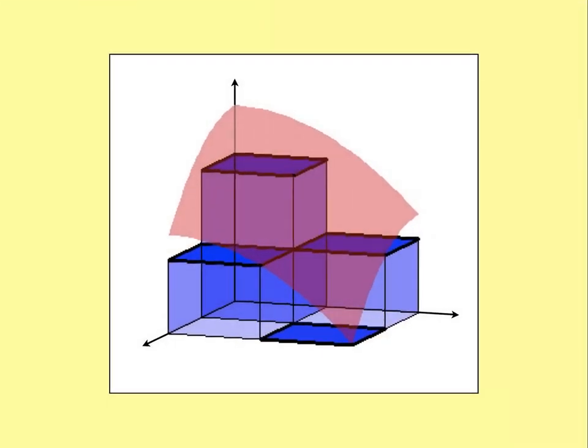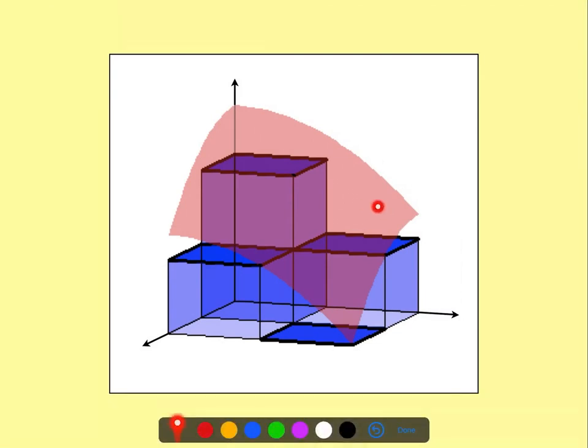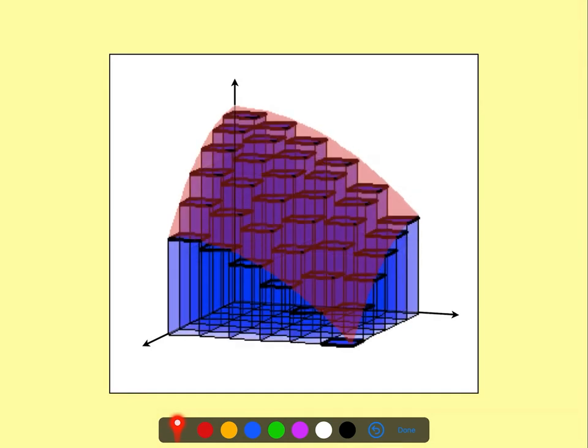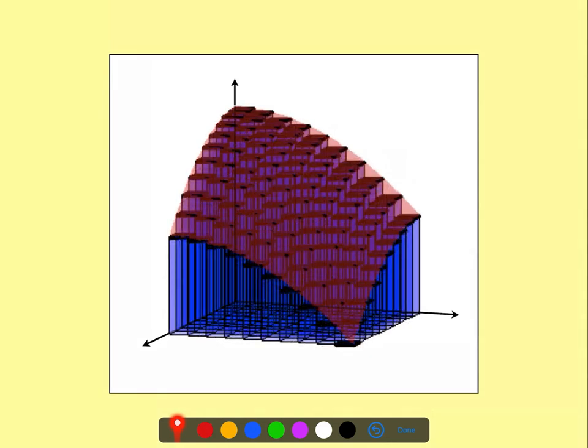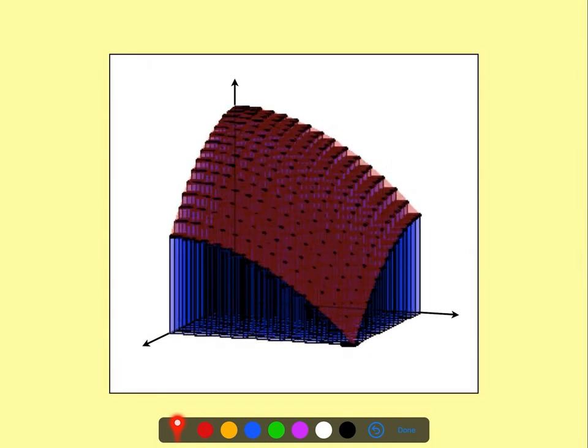We want to do something similar when we're in space in 3 dimensions. We want to imagine approximating the volume underneath some surface by looking at boxes underneath the surface and above the xy plane. The more boxes we use, the better we approximate the volume underneath this surface and above the xy plane.